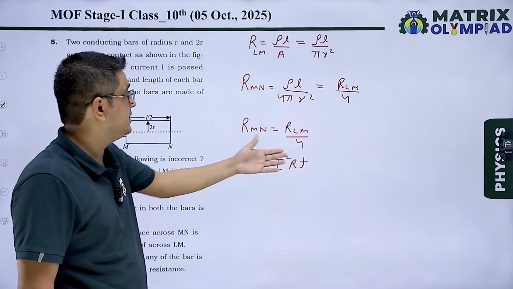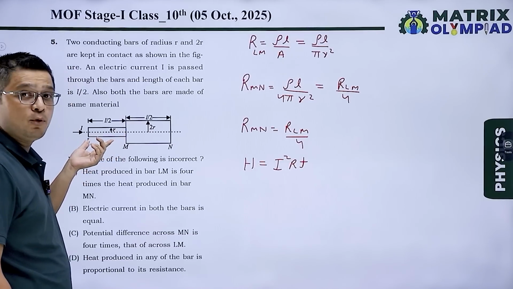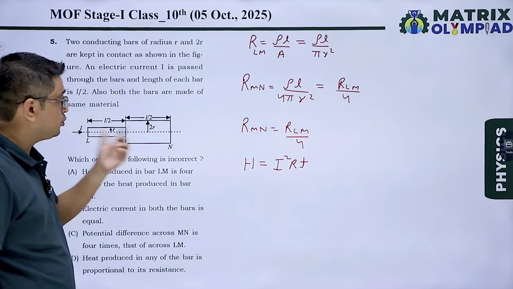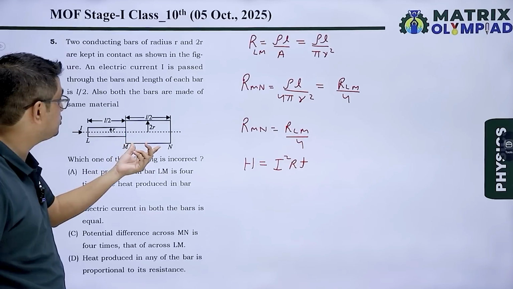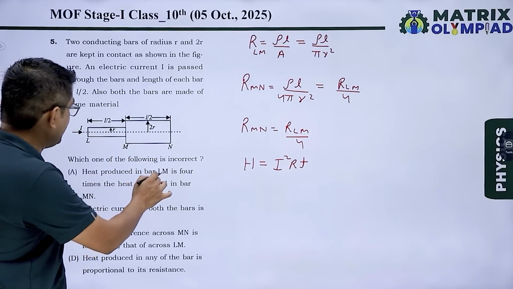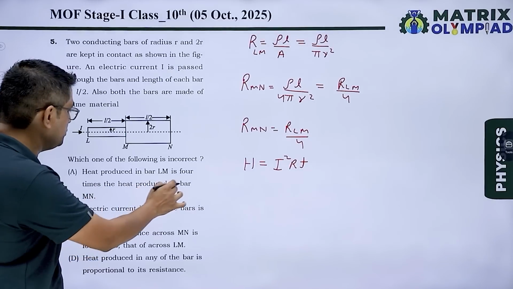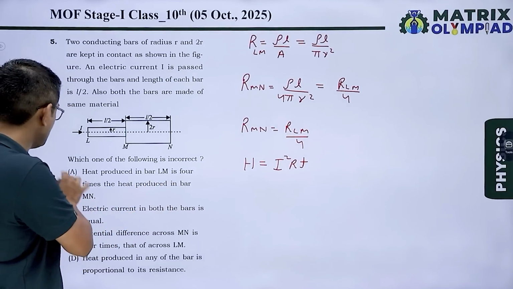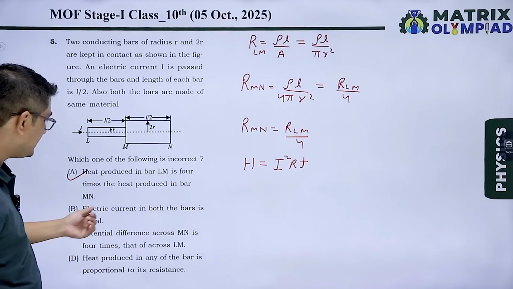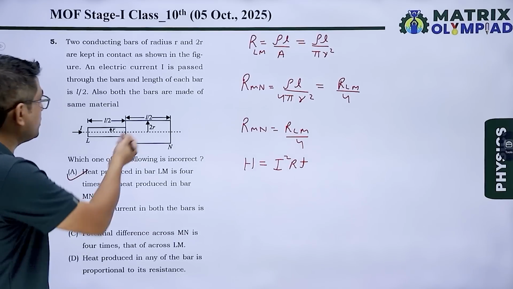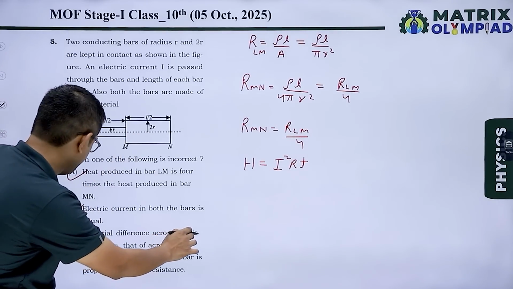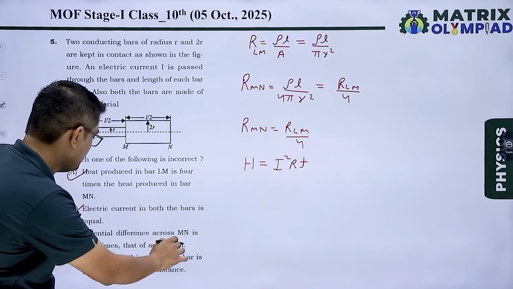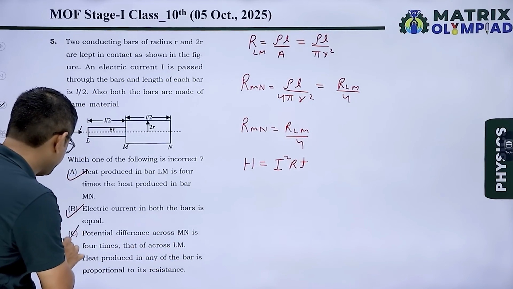As the resistance of LM is 4 times the resistance of MN, the heat produced in LM will be 4 times the heat produced in MN. This is a true statement. Electric current in both bars is equal because both are in series. This is also correct. Potential difference across MN is 4 times that across LM. So this is a wrong statement.